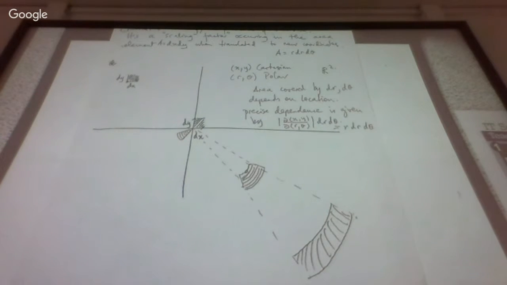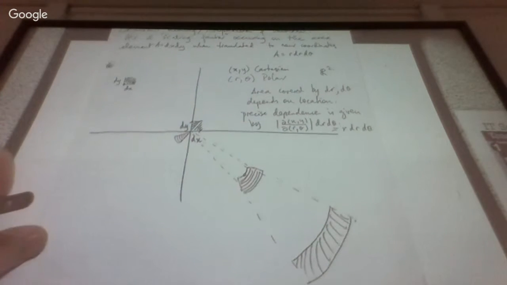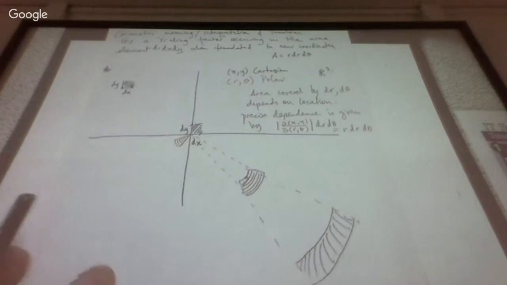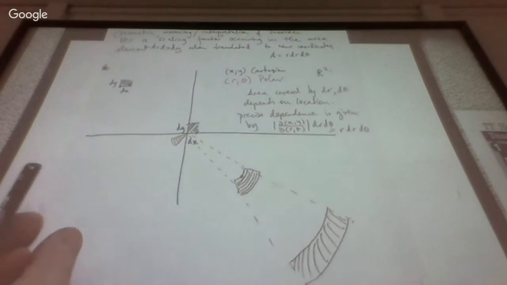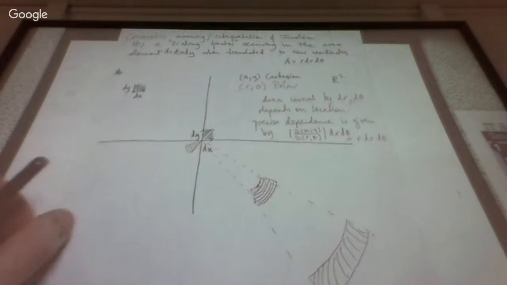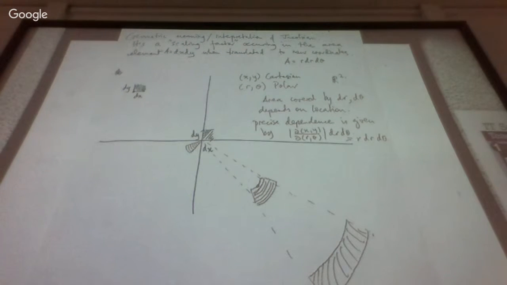Okay, so let's look at a three-dimensional example. So now we're going to look at a three-dimensional example, which is going to be an integral, not over a region in the plane, but over a piece of volume in R3, in three-dimensional space.